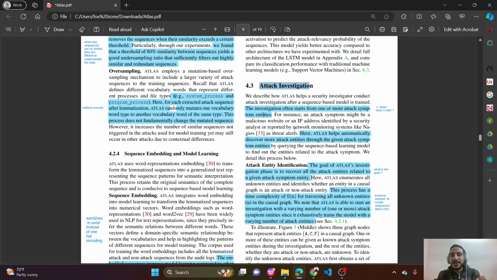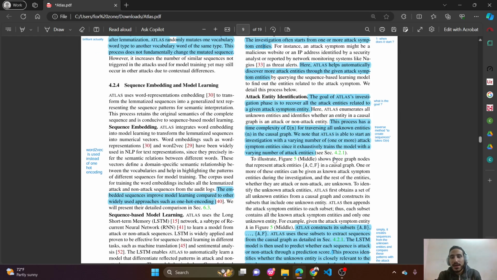How? By adding the surrounding entities to the attack symptom, building the sequences, and feeding these sequences to the model, so that the model can predict whether it is an attack or non-attack based on the memory that it has, because the model is trained on the attack sequences, so it knows which sequences are attack, and it's trained on the non-attack sequences, so it knows which sequences are non-attack. So this is in a simple way.